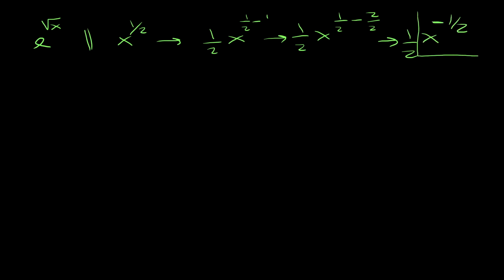And as we've seen before in previous videos, whenever we have a negative exponent, this means that the whole term goes to the denominator. So in reality what we have is 1 divided by 2 times the square root of x.